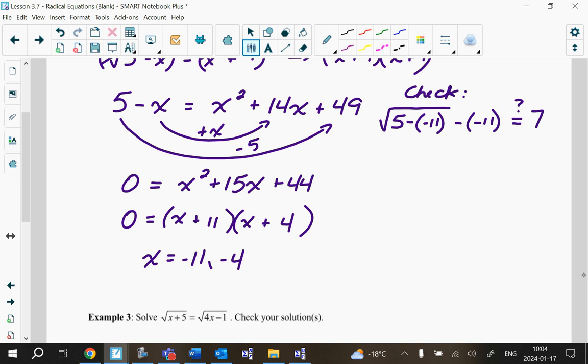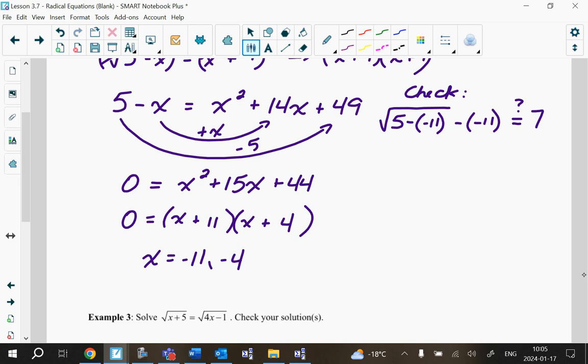Let's do the square root. 5 minus negative 11 is 16, the square root of which is 4.